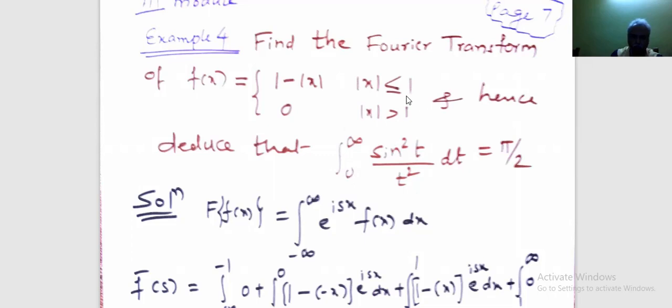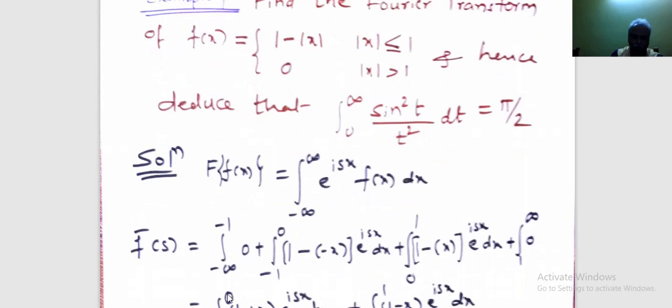Again minus 1 to 1 is there, and the remaining part is 0. So minus infinity to minus 1 and 1 to infinity are 0. In minus 1 to 1, again there are two parts.